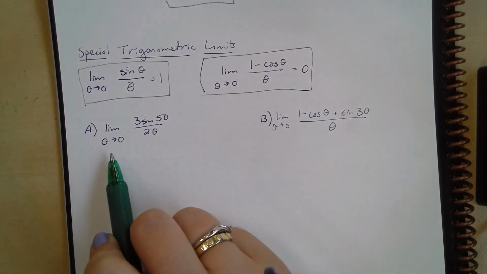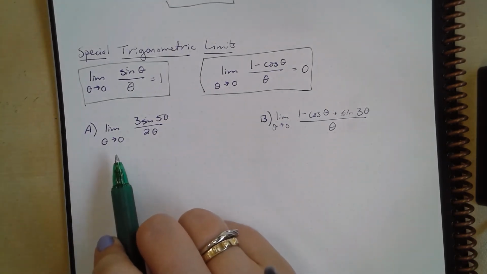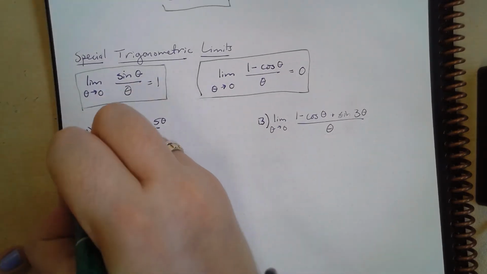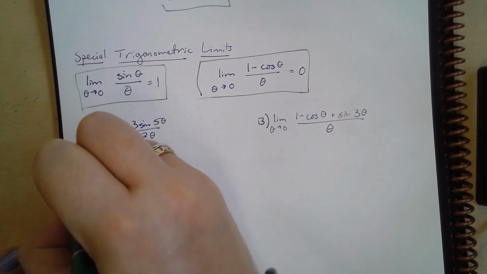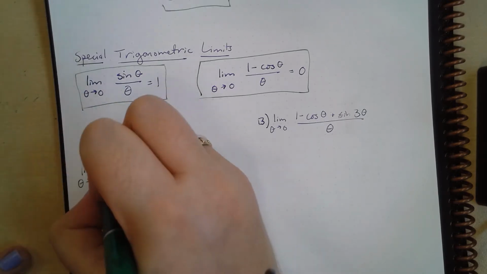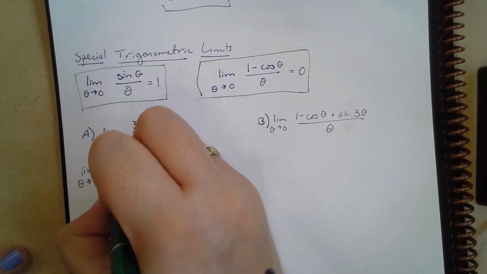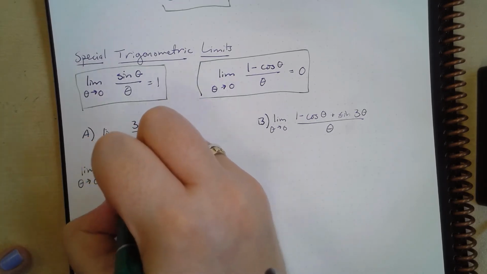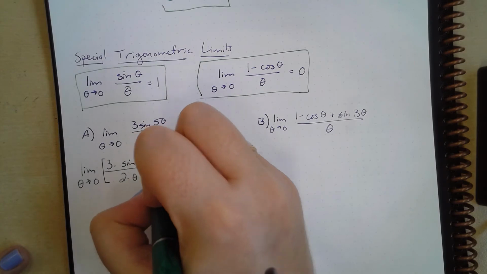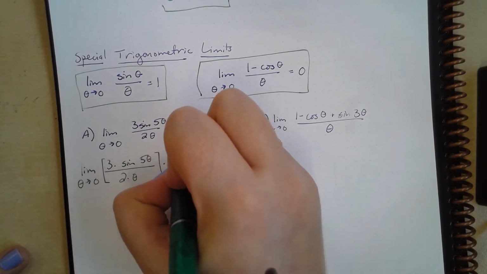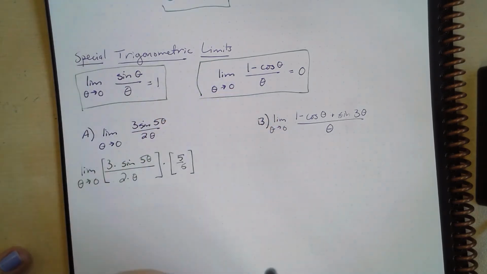Here we have the limit as theta goes to 0 of 3 sine 5 theta over 2 theta. Well, I'm going to rewrite this as the limit as theta approaches 0 of 3 times the sine of 5 theta over 2 times theta, times 5 over 5. Okay.